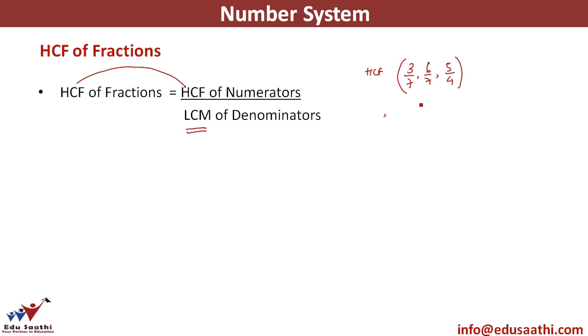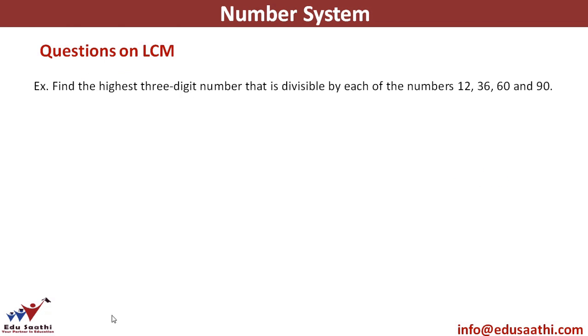It is HCF of the numerators, 3, 6 and 5, followed by LCM of denominators, which is 7, 7 and 4. So 3 and 6 have 3 in common, 6 and 5 have nothing in common. My HCF would be 1 divided by my LCM, which is 28. So this will be the answer for HCF.